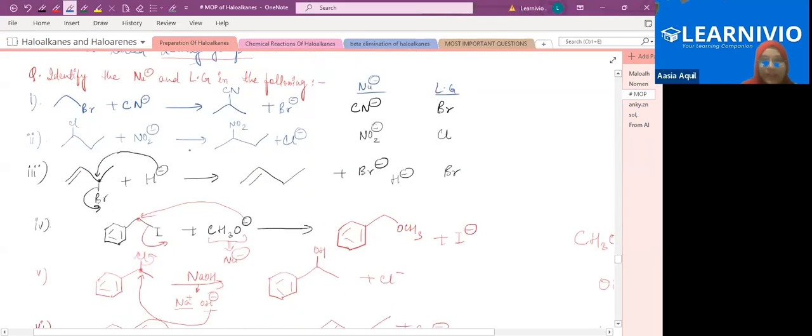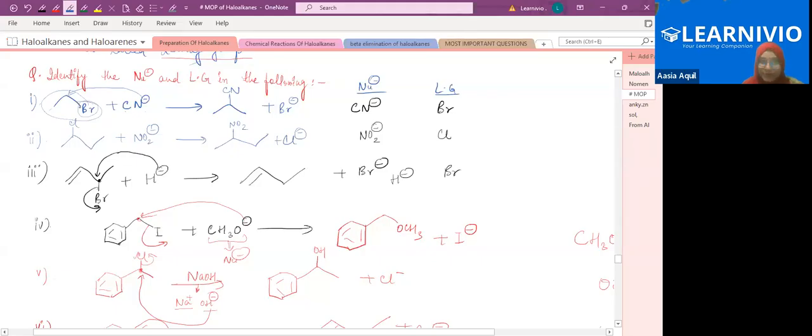Okay, so we have some questions over here. See over here. CH3CH2Br when it is treated with CN minus. You can see CN minus is a nucleophile and this is your substrate, right? So what will happen? This CN minus will attack the carbon atom to which the halogen group is attached, right?